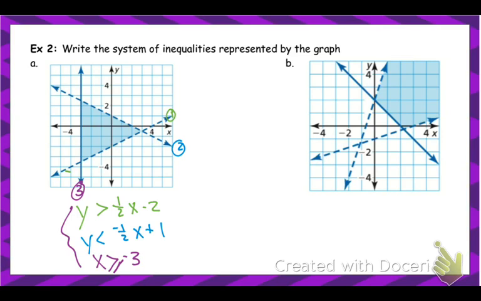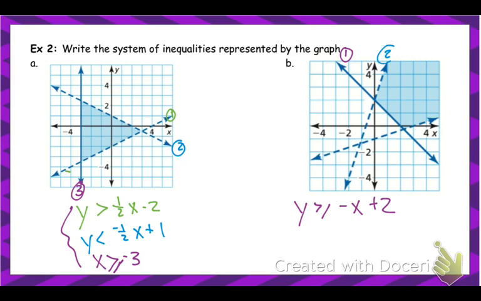All right, so now doing B. Same thing, I'm going to write the equation of each line. We'll start with the solid line. That one has a slope of -1, y-intercept of 2, solid line that's shaded above. All right, look at line number 2.